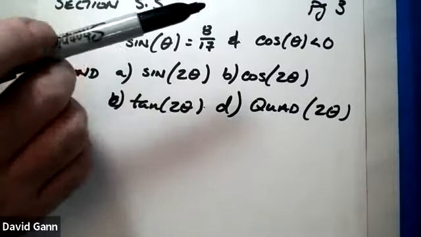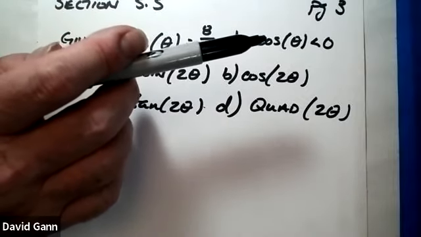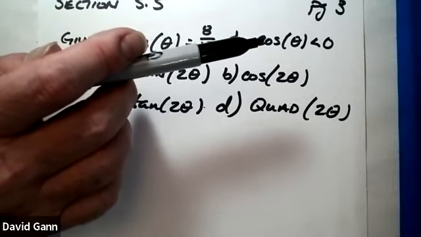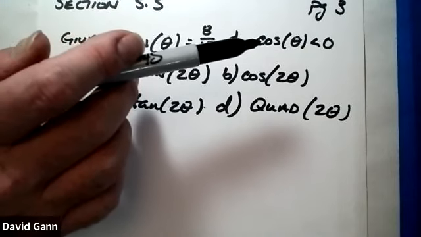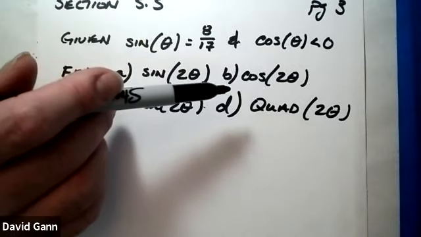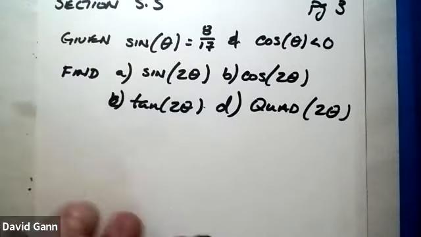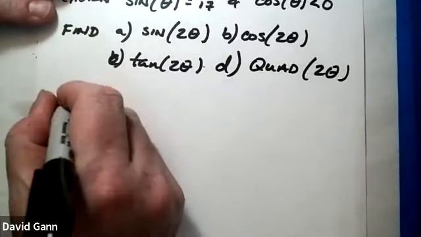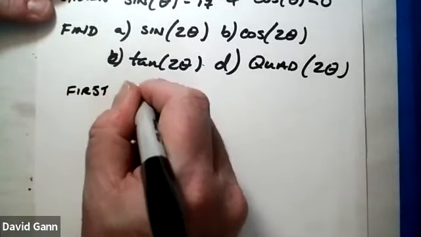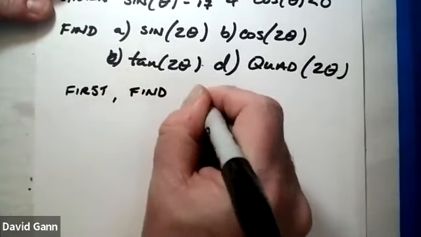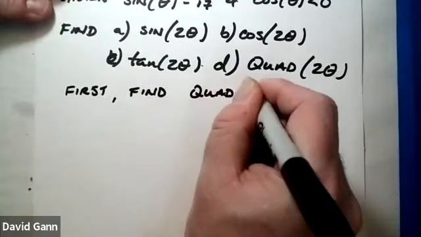To help us out with that, note that we have this statement that cosine of theta is negative. So we need to figure out the quadrant of theta first, and then establish the other two trig values. So let's do that. First, find the quadrant of theta.